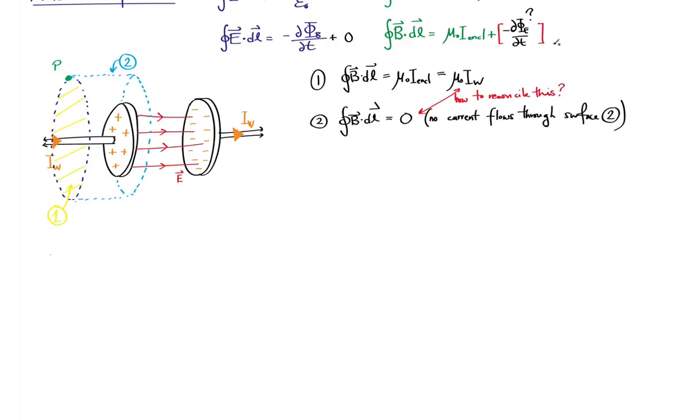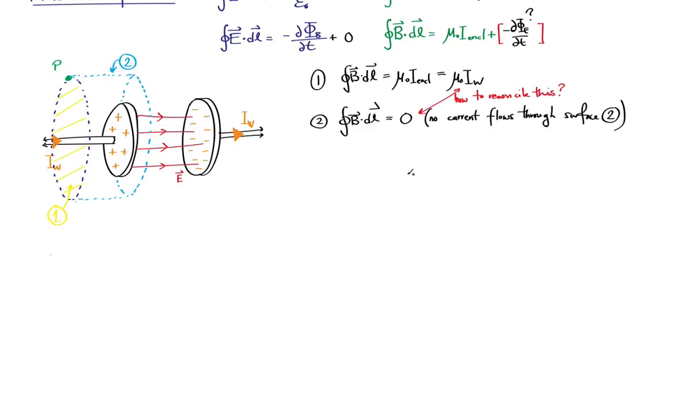Now, equation 2 would suggest that there would be no magnetic field around this loop, and we know that's not the case. If we just used the Biot-Savart law and did a direct integration, we have a current flowing through this wire, a current flowing through that wire, and you can easily convince yourself there should be a finite magnetic field here. So something has got to be amiss.